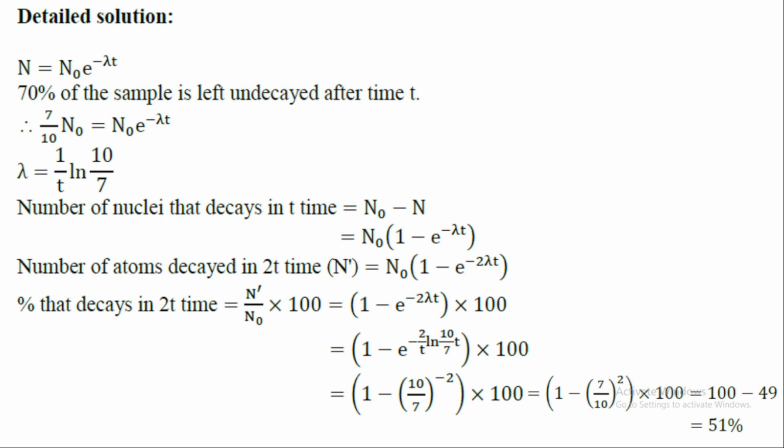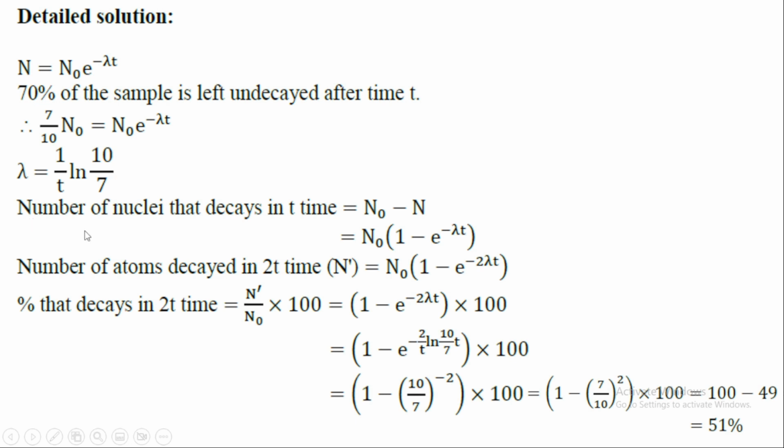Whenever you change the sign in a log, when the numbers are in the form of factors, the numerator gets exchanged with the denominator. So log a by b, if you change the sign from positive to negative, it will be minus log b by a. So lambda is equal to 1 by t ln 10 by 7.